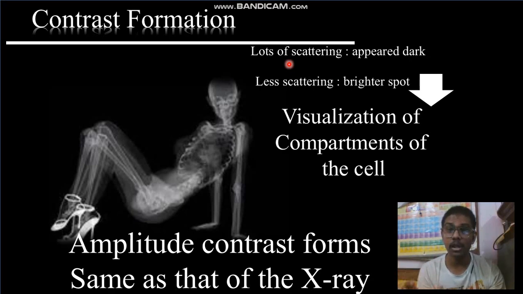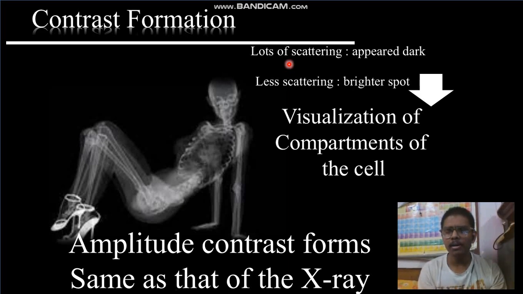This scattering is elastic scattering, not inelastic scattering, because inelastic scattering contributes to noise, not to image formation. Image formation is done only by elastically scattered and unscattered electrons. So lots of scattering appears dark: where the material has a dense part, lots of scattering happens and it appears dark in your image. With less scattering, a brighter spot comes in your image.